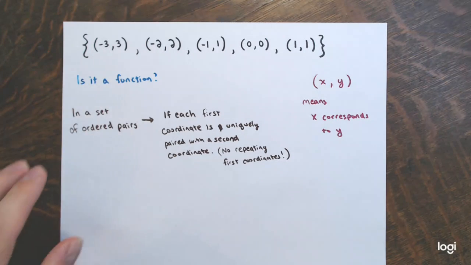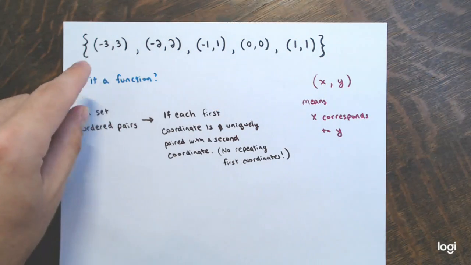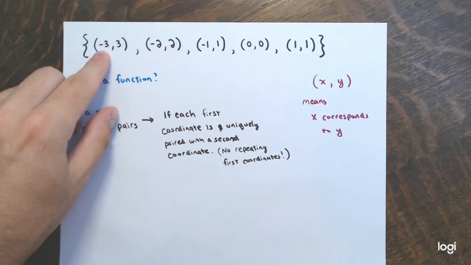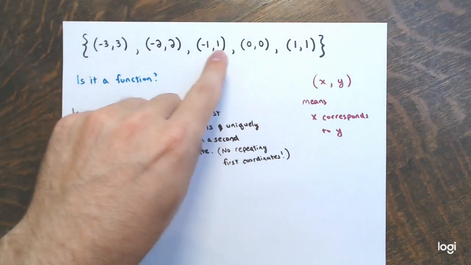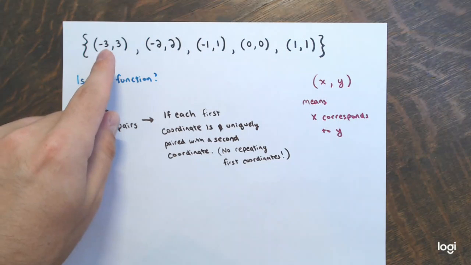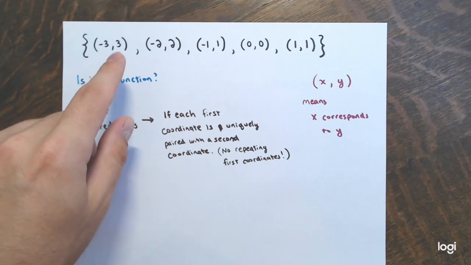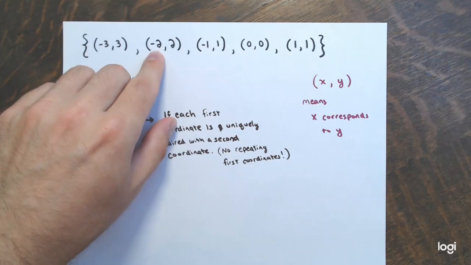So looking at this set of ordered pairs, -3 in the domain corresponds to 3 in the range, and that's it. I'm not seeing any other ordered pair where -3 is the first coordinate. So -3 corresponds to exactly one element in the range. Same thing for -2.